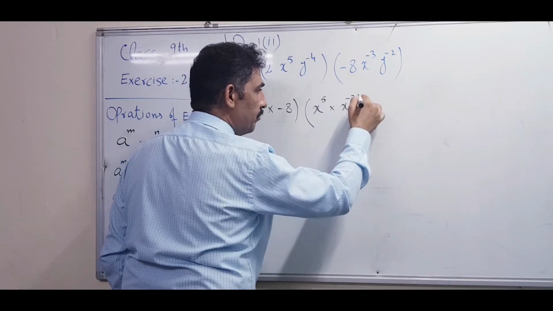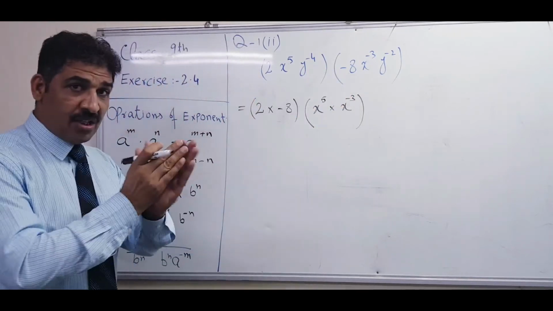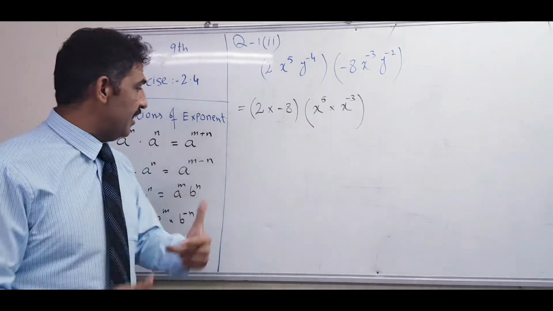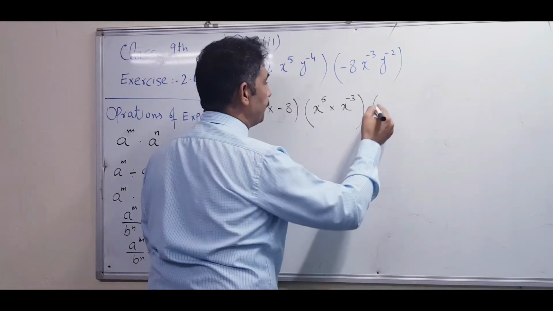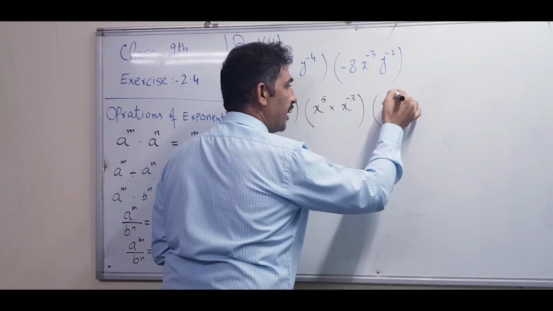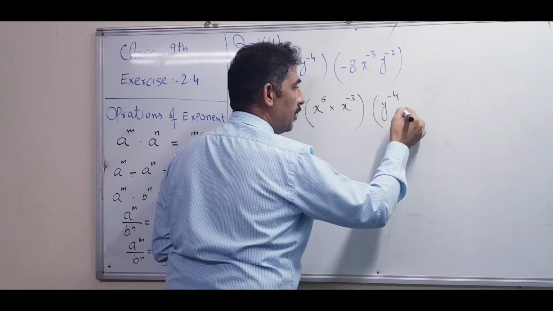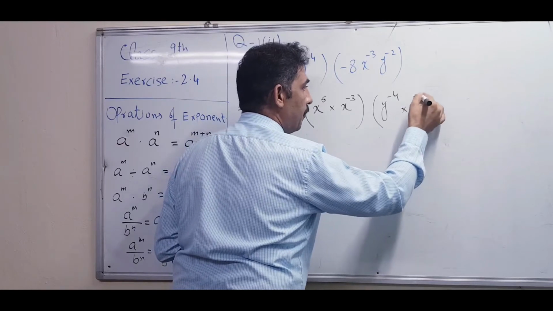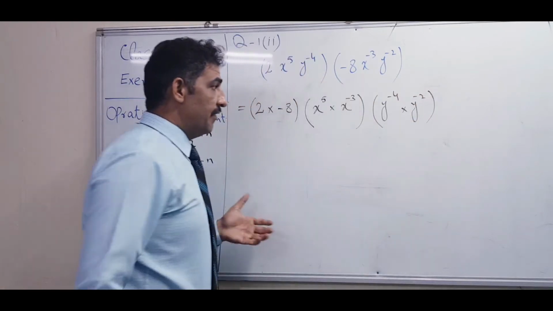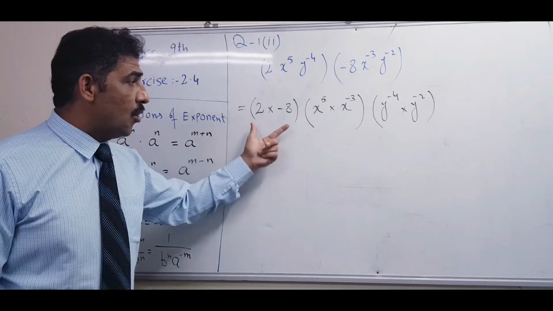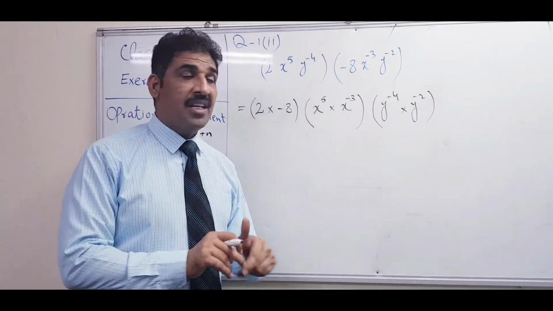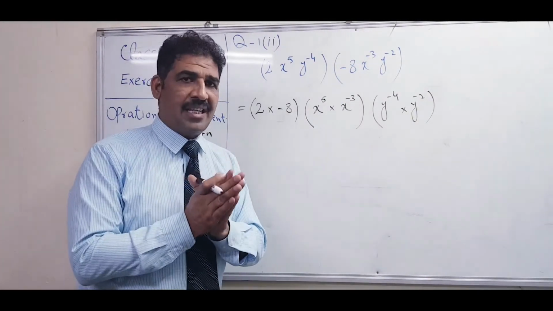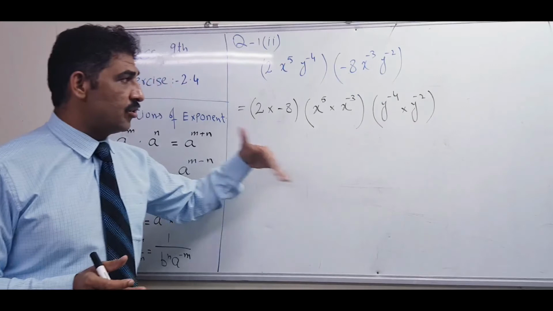Then the third variable is y: here y raised to power minus 4 multiplied by y raised to power minus 2. What I did is that the constant multiplied by the constant and the same variable by the same variable. Then we combine them; nothing is difficult. So I try my best to simplify that.